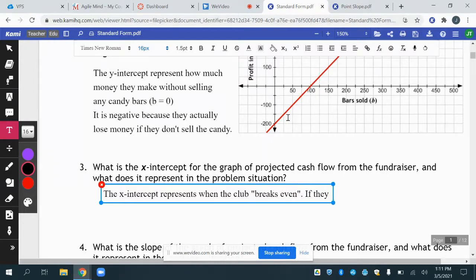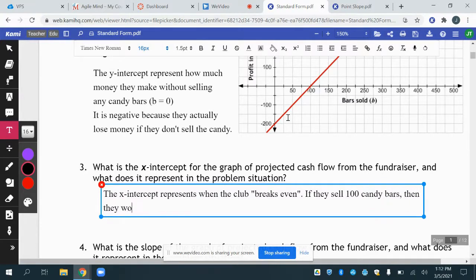If they sell 100 candy bars, then they will owe $0, but they won't have any actual profit either.